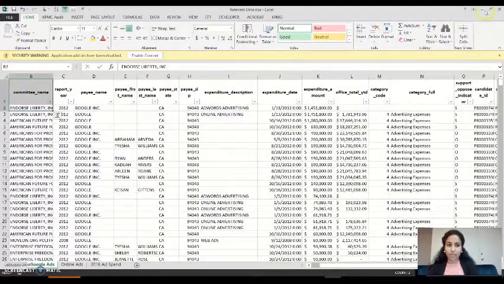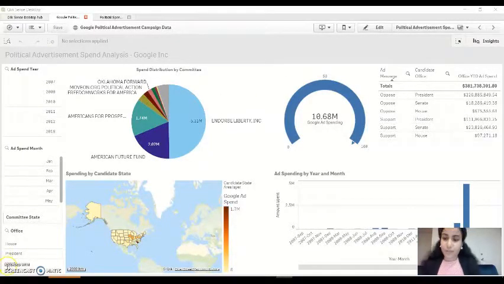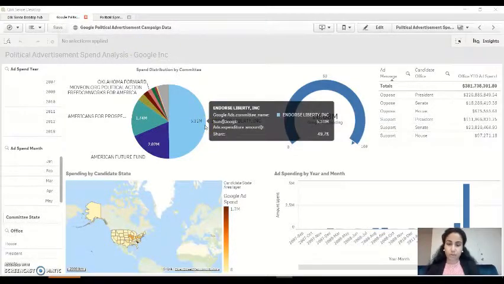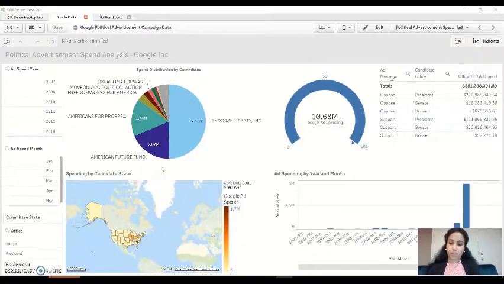So let's take a look at this data in a more visual format. All right, so here we have the Google political advertisement campaign data. On the left, there's the committee spending. Endorsed Liberty Inc. spent the most, $5.31 million. American Future Fund was the second top spender, and Americans for Prosperity spent $1.74 million.